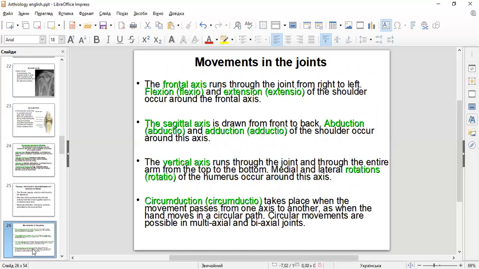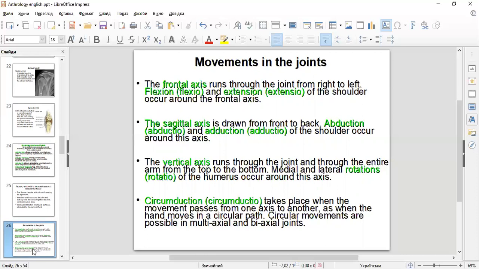Movements in the joints. The frontal axis runs through the joint from right to left. Flexion, flexor, and extension, extensor, of the shoulder occur around the frontal axis. The sagittal axis is drawn from front to back.